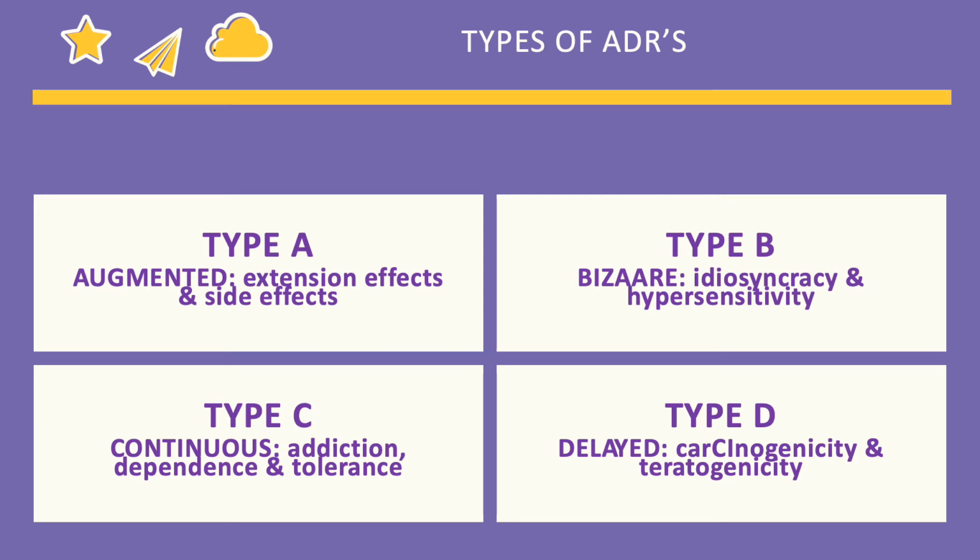Hypersensitivity reaction is another type of bizarre reaction. It is an immune response to environmental antigens, resulting in symptomatic reactions upon secondary exposure to the same antigen. So these are immunologic reactions to the drug. These immunologic reactions have different subtypes.